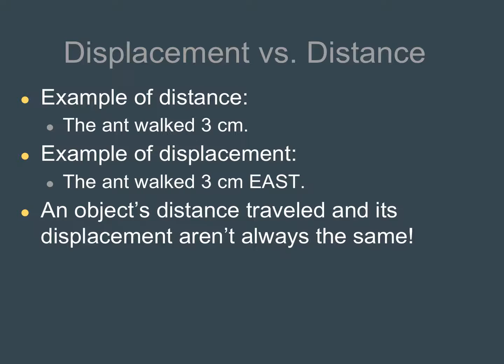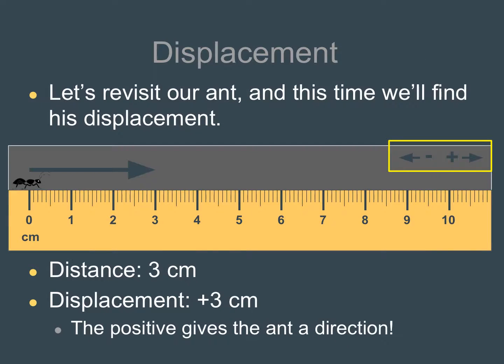All right. However, this is important right here. An object's distance traveled and its displacement aren't always the same. So we've come back to our little ant again. He went 3 centimeters, and we said he went 3 centimeters east, or in this case, we are going to use positive and negative. Positive is always going to be away from 0.